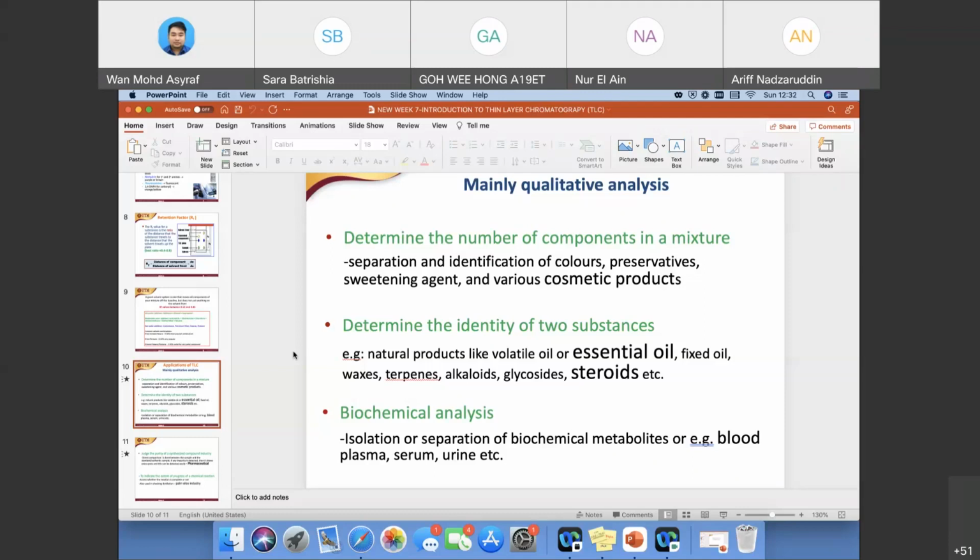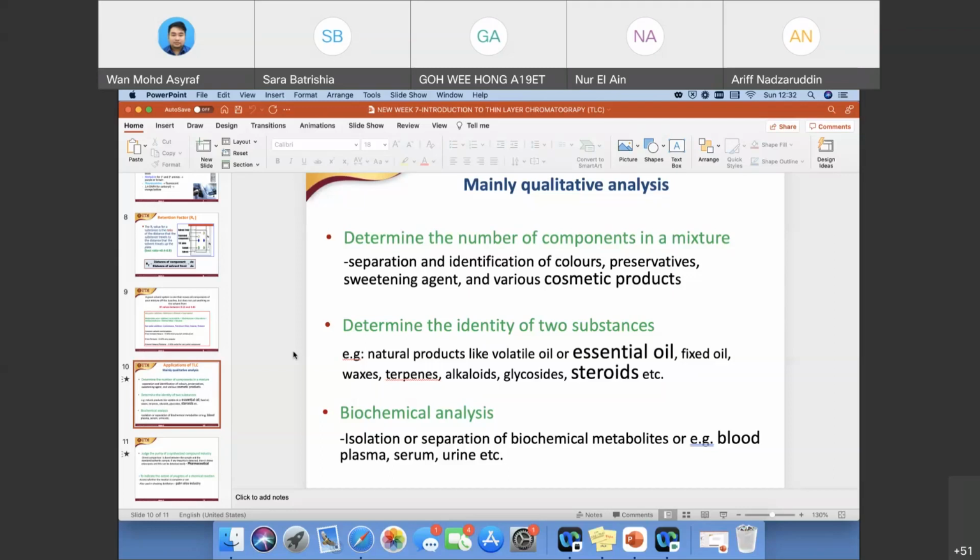And then maybe to determine the identity of two substances, usually this is also for qualitative analysis. You have an unknown oil and you have your standard oil. For example, this unknown oil smells like lemon. You place your standard lemon oil onto the TLC, and when you do your separation, you see that at the end these two spots are aligned.